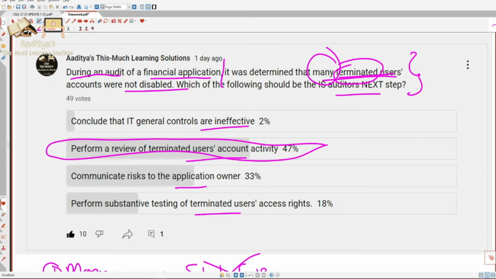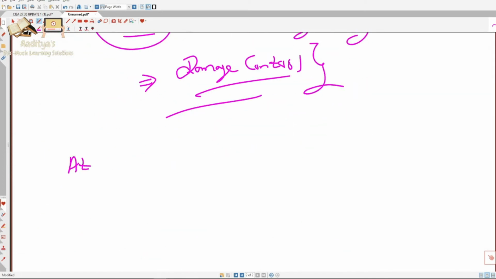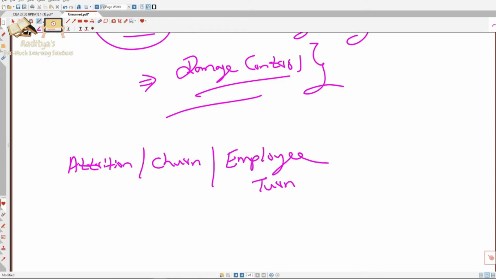Right? Now, the next thing is, you have to understand something known as attrition rate, or you can also say churn rate, or employee turnover rate. Every company, every industry has this attrition, employee turnover, churn rate, which means the number of people leaving the organization.